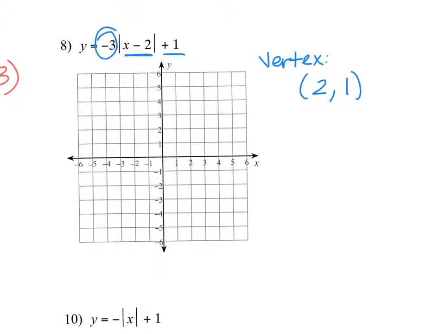The number in the very front is going to be my slope, and so here it looks like I've got a slope of -3. So if I plot that, I'm going to go to +2, +1 as my vertex, and then count a slope of -3, kind of like you normally would, down 3 and to the right 1, except I want a V shape, so I need to match that the other direction by going down 3 and to the left 1. So here is that graph.